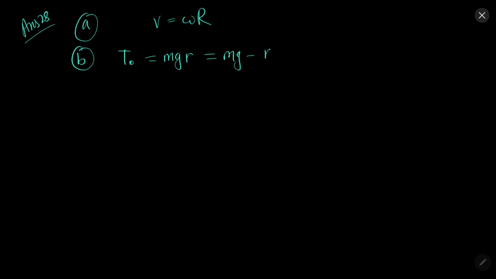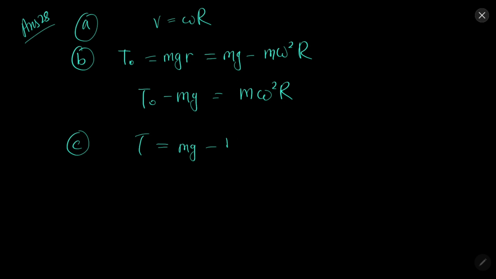Now A part, the speed of the ship due to Earth's rotation will be simply omega r. Then T0 equal to mg minus m omega square r, and T0 minus mg equal to m omega square r. See, if the ship is at speed v, T will be mg minus m omega 1 square r.